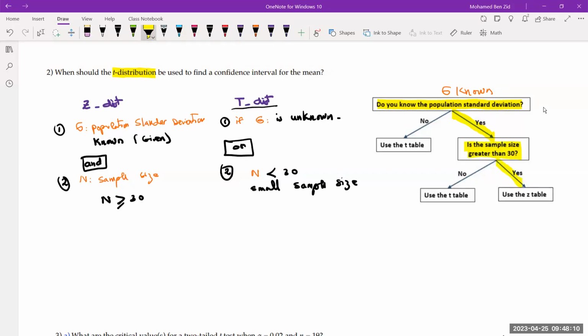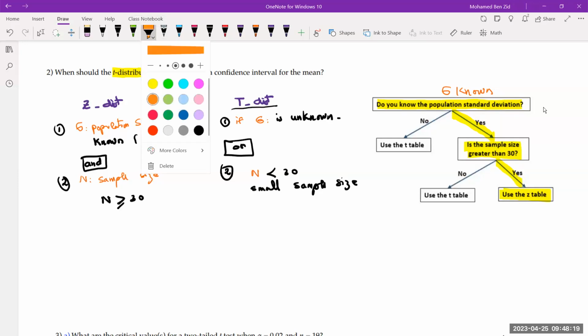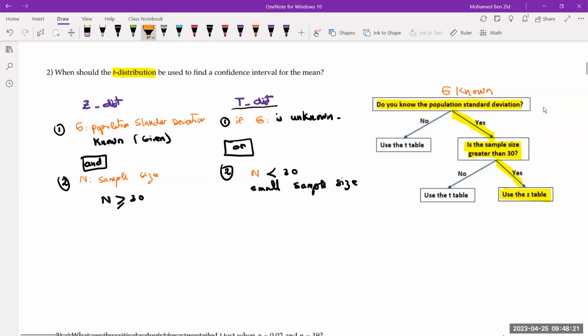If yes again, then you go to the Z table. If the answer to either of these two questions is no, you use the T table instead. So either sigma is unknown or n is less than 30.